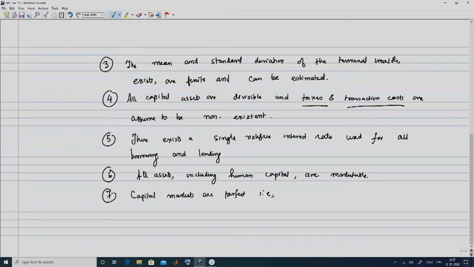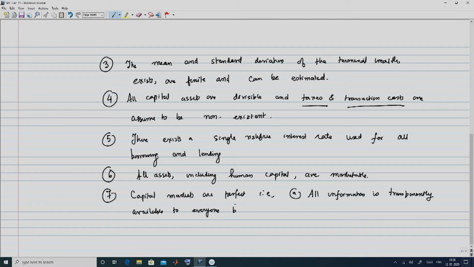So, this term perfect means the following. The first thing it means is that all information is transparently available to everyone.